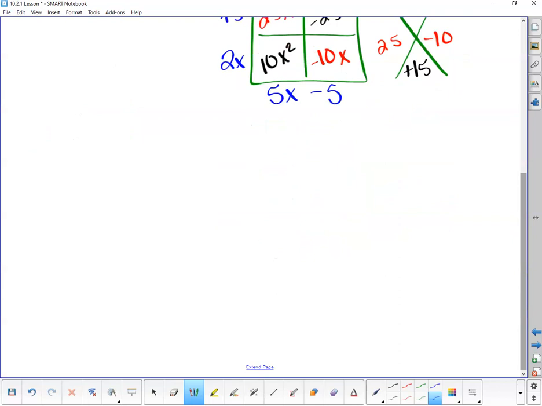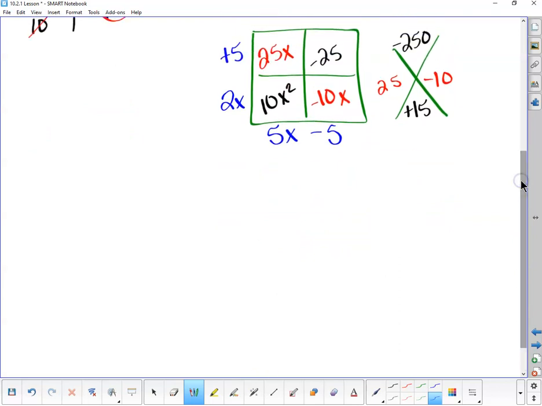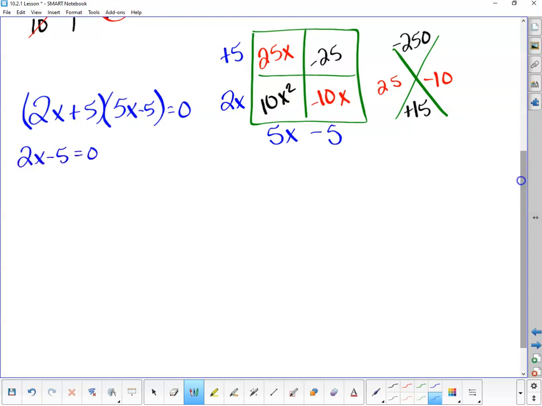So now we have the factors of, and we'll just kind of go over here. So now we have 2x plus 5 times 5x minus 5, that equals 0. And then we simply solve, and we say that 2x minus 5 needs to equal 0, and 5x minus 5 also needs to equal 0.